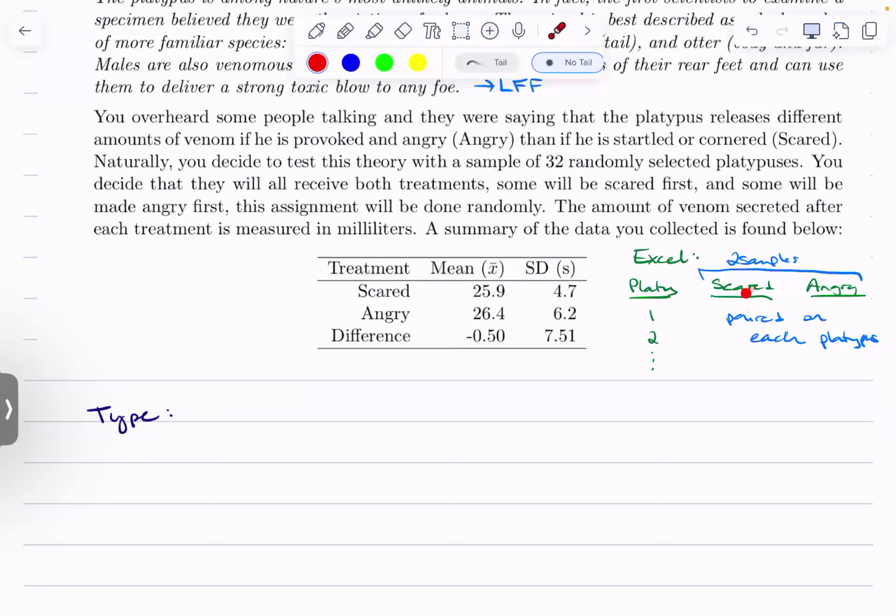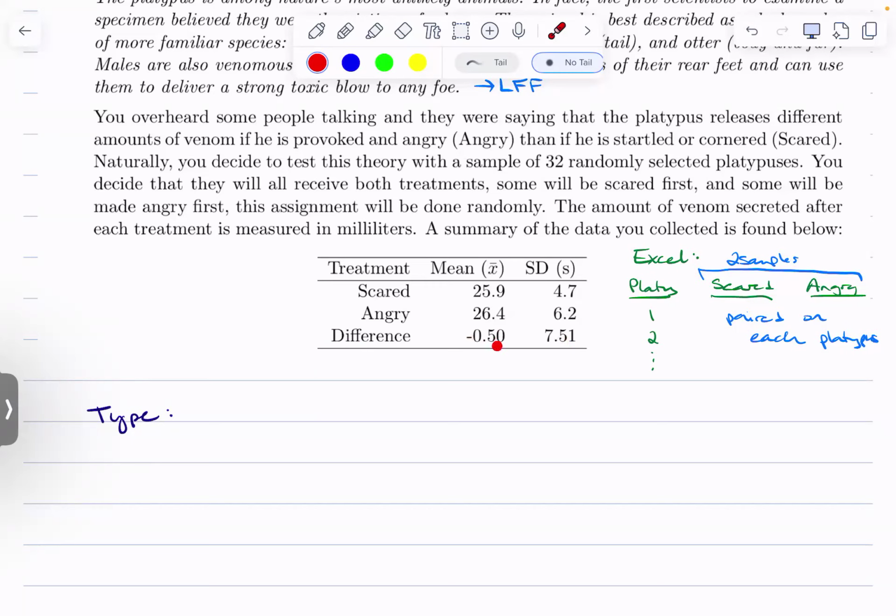We could analyze these as if they were individual samples, right? And we have that information. We have X1 bar, X2 bar, S1, S2, okay? But I also give you the mean and the standard deviation of the differences, okay?